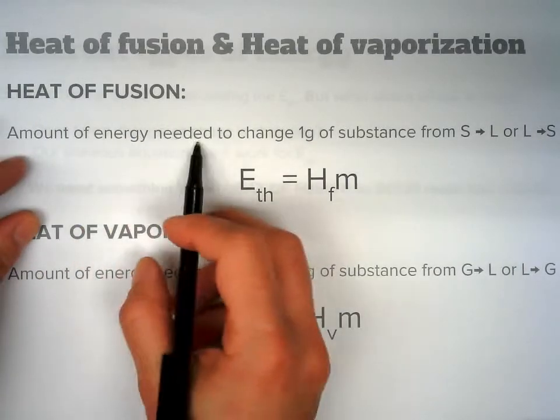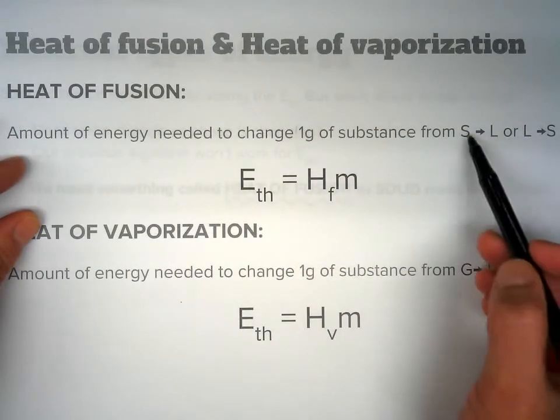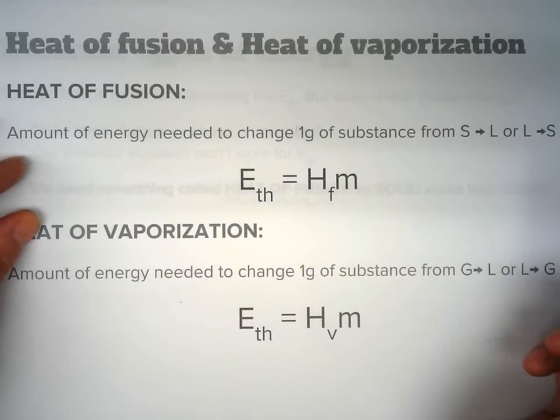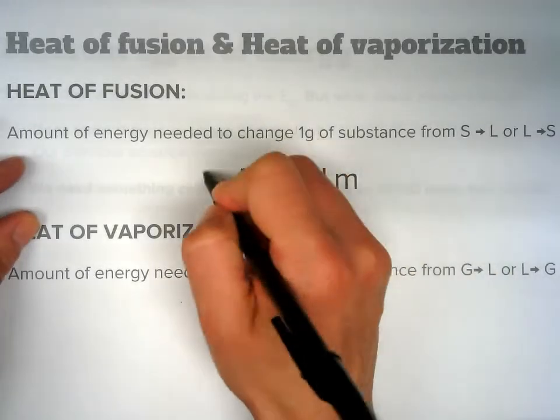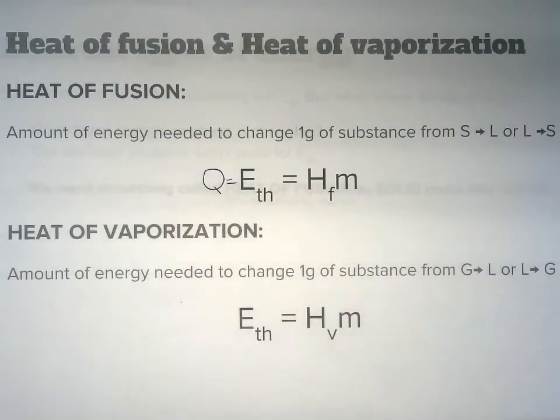The amount of energy needed to change 1 gram of substance from solid to liquid or from liquid to solid. And so again, this could be Q also. Remember, Q is just the flow of thermal energy. So let me grab the heat of fusion for water, and then we can do this problem.